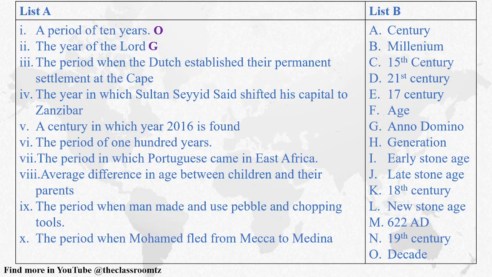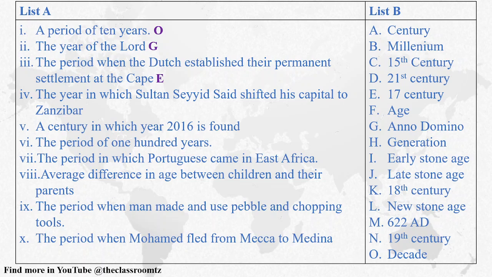The period when the Dutch established their permanent settlement at the Cape. So actually that is Roman 3. It is not part of the first topic, but let's try to answer because we are assuming now we are ending the Form 2 exam. So you are in Form 2, you know when the Dutch settled at the Cape. So the answer is letter E, that is 17th century.